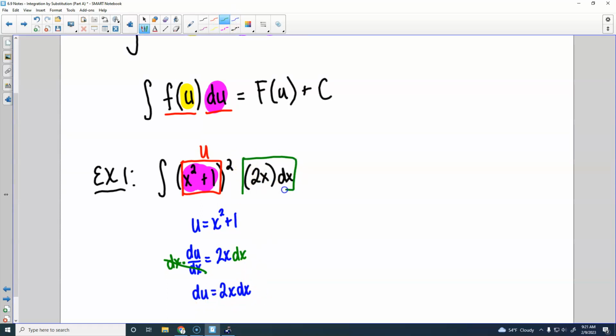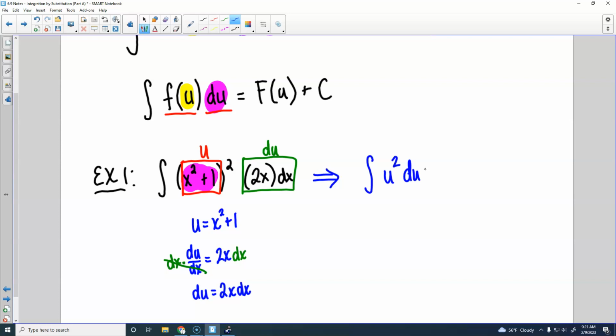Well, right here is 2x dx, so I could replace that with du. So now my integral is going to look like this. I'm integrating u squared du. Okay, everybody with me here?